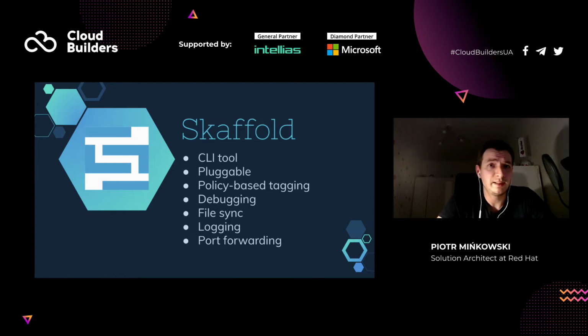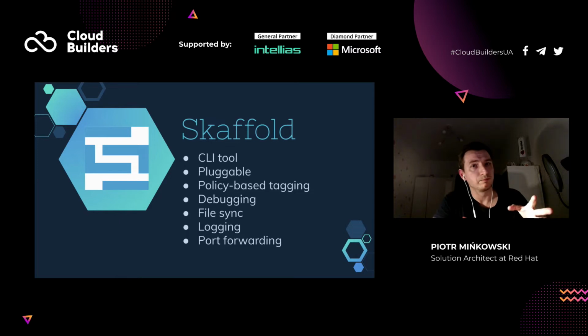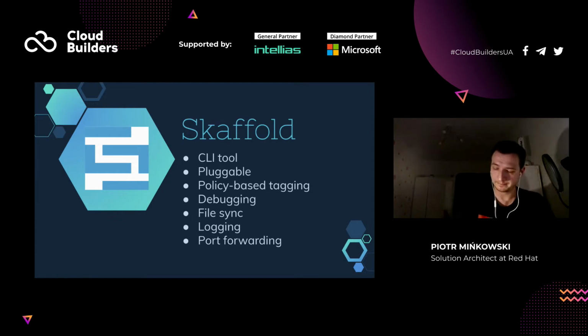It is also easy to debug applications with Skaffold, especially JVM-based applications. You can achieve it with a single command without any additional configuration. So you don't have to do anything else, just run this command.